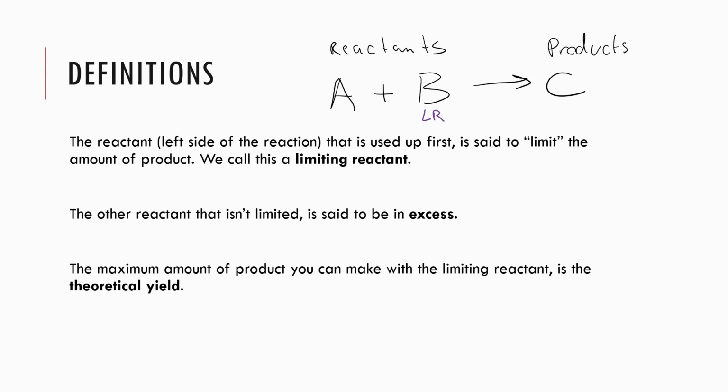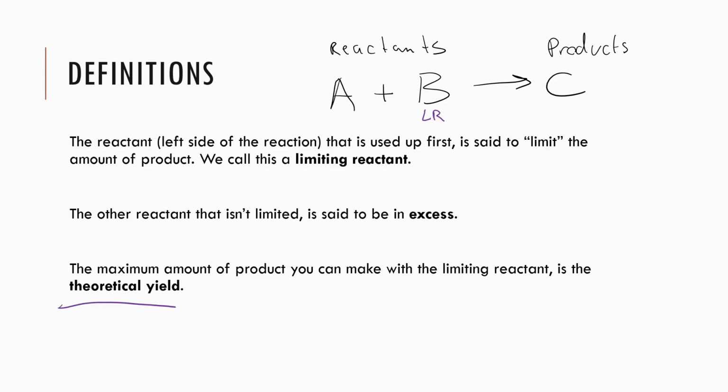We see that A reacts with B and creates C. Once all of B's been used to make some C, all that's left in a beaker or in a reaction is A and C. The B's been used up, some C has been made, and A is just floating around in solution. So the amount of C that's made once B is used up is the theoretical yield.